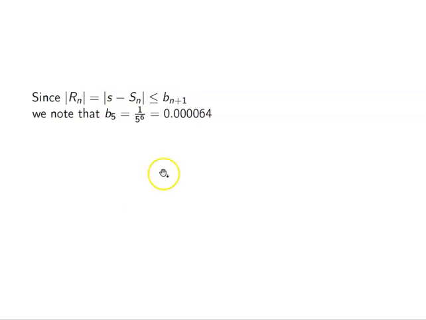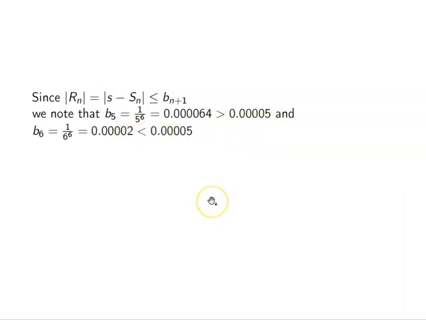Here I have 1, 2, 3, 4, 6 or 64 at the fifth term, which is larger than my tolerance, so that's not the value. So if I look at the next value after that, since this is very, very close, I have 0.00002, which is lower than my tolerance.